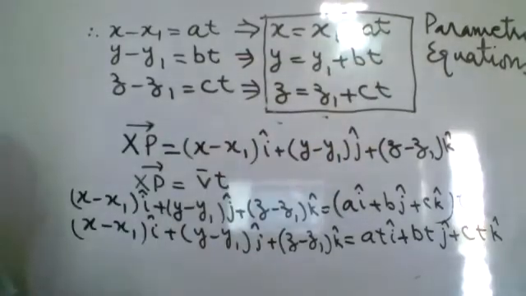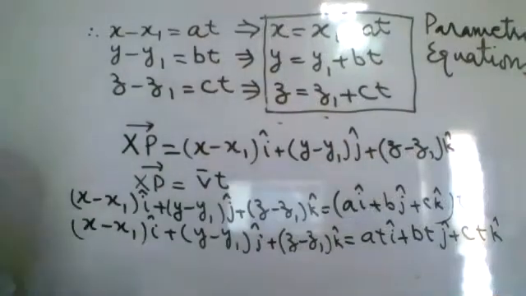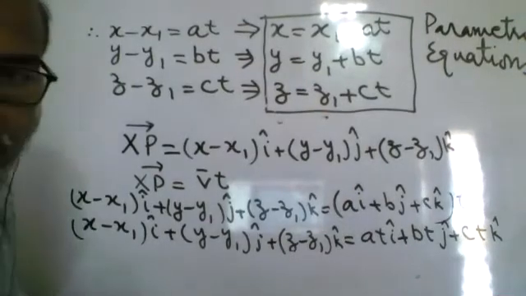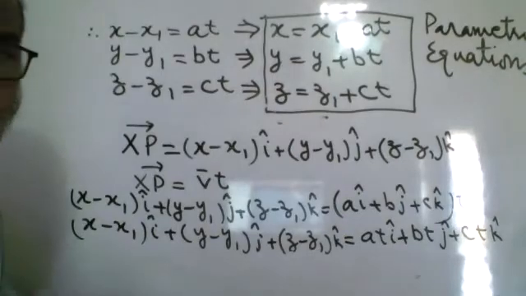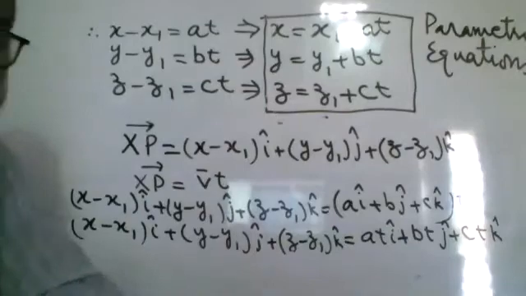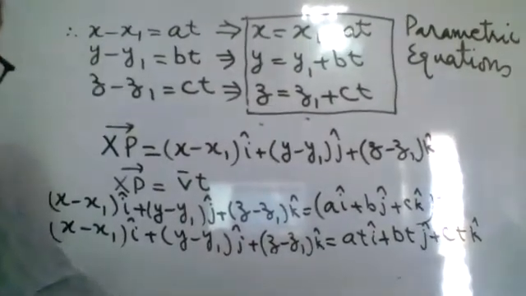You are not going to change them. If you change x, y, z, this will not be the equation. In the same way, t is also a scalar constant. So these are called the parametric equations of the straight line.